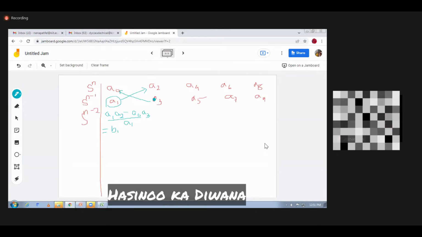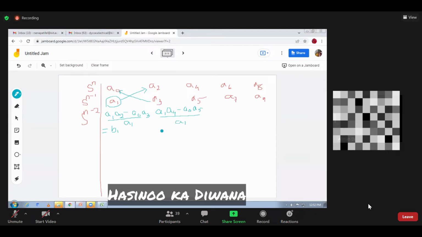So what will be that one? How to calculate that second column value? That will be given as A1, A4 minus A0, A5 divided by A1, which will be equal to B2.